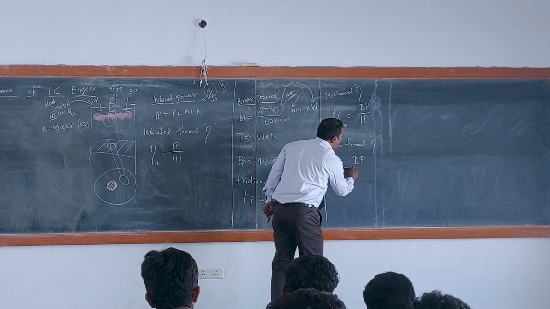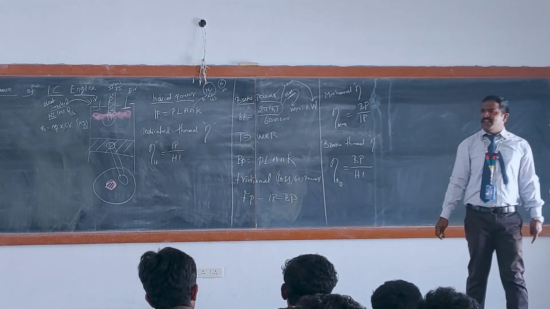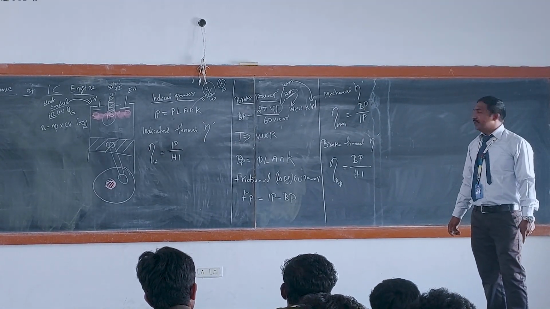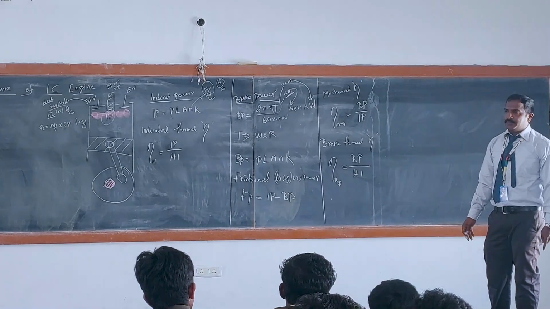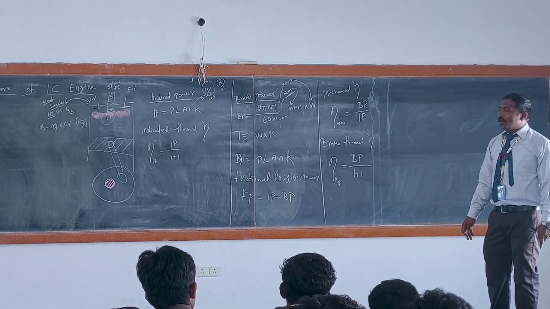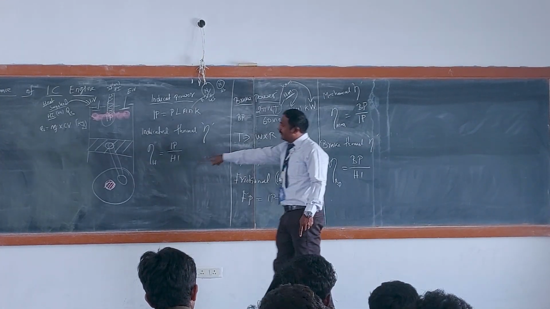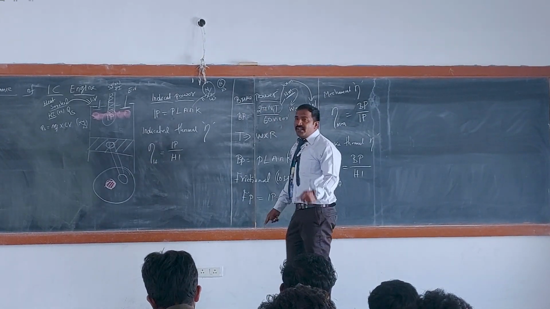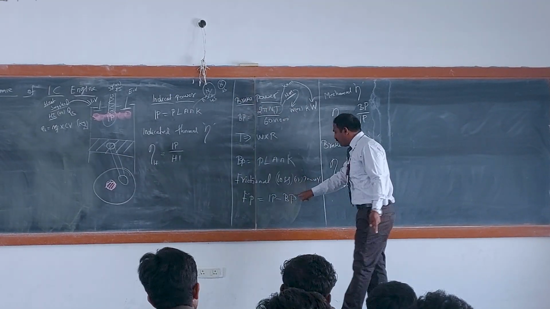Brake power is our output. What is our input? The fuel energy is our input. This is called brake thermal efficiency. So we have three efficiencies: brake thermal, mechanical, and indicated. We have three powers: indicated power, brake power, and friction power.